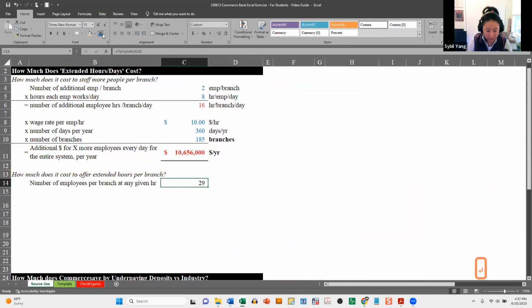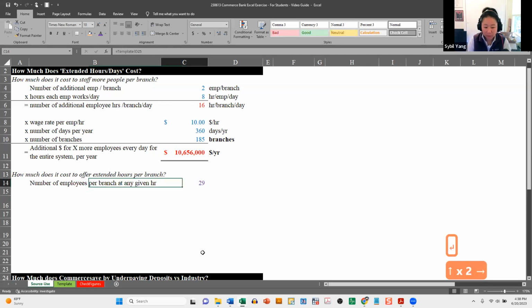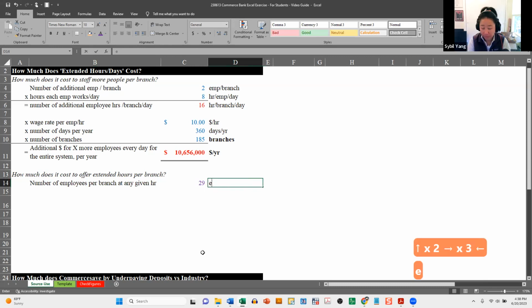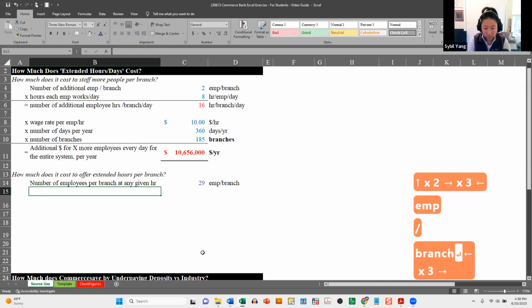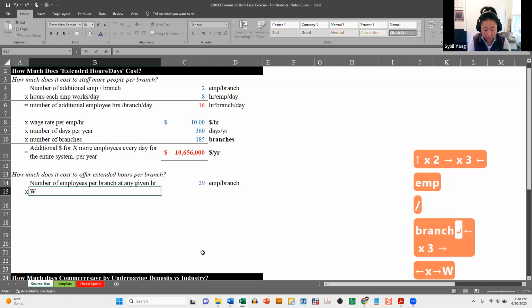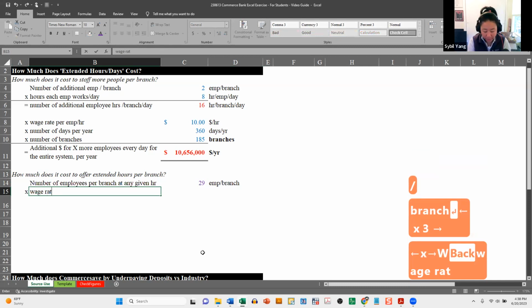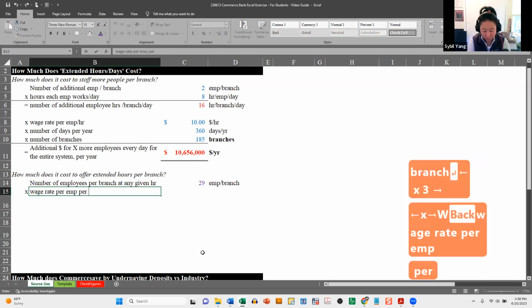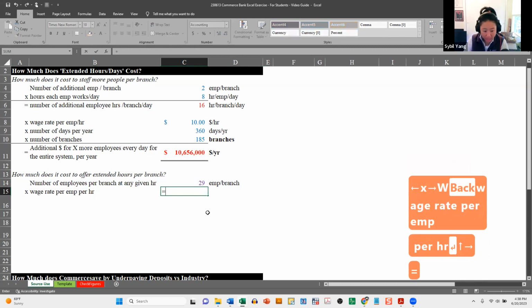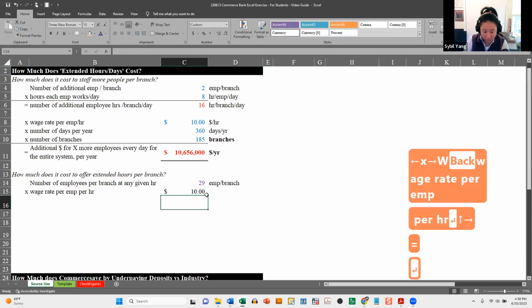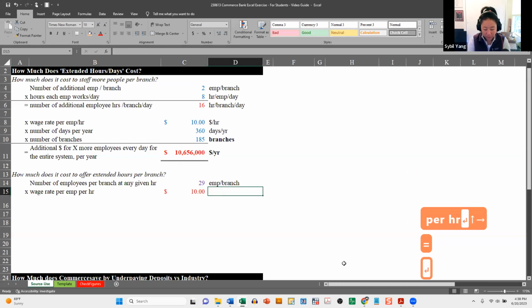I'll make that a purple number because it's a reference but also an assumption I'm making. That's employees per branch, times the wage rate per employee per hour. I'm going to make sure my assumptions are consistent, so I'll reference the $10 per hour up here.